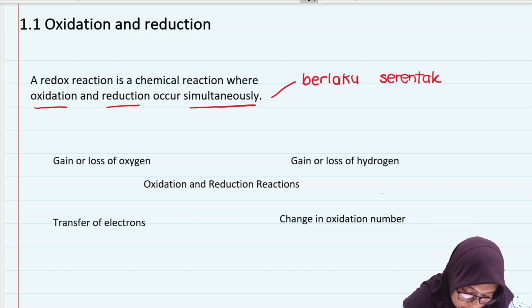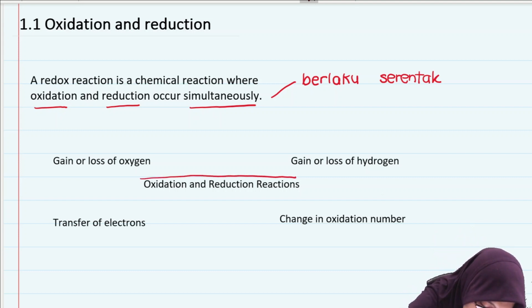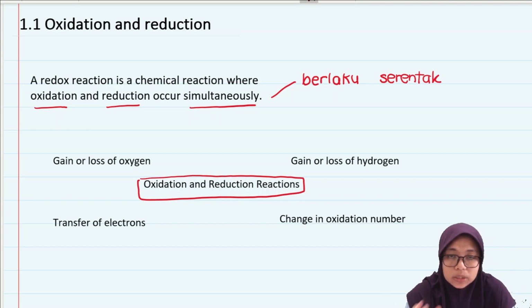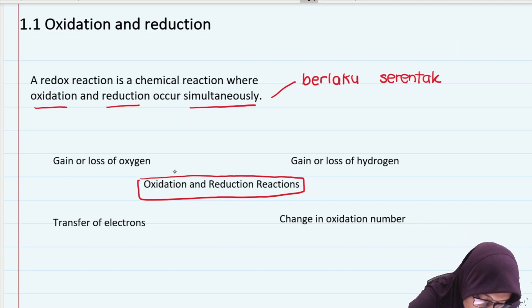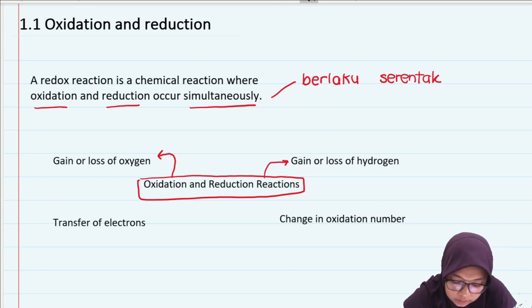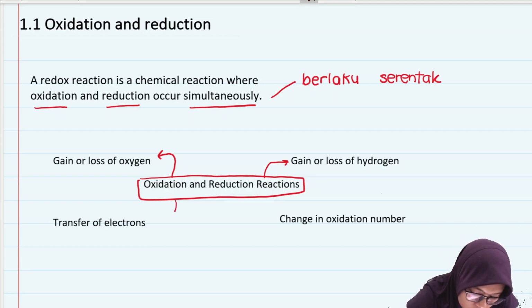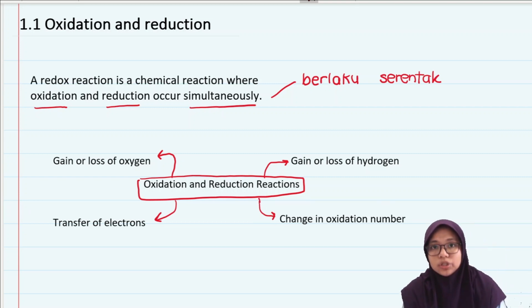So as you can see here, oxidation and the reduction reaction have four explanations or definitions that we can use. The first one is in terms of gain and loss of oxygen. Okay, the second one is gain or loss of hydrogen. The third one is transfer of electron, and the fourth one is the change in oxidation number.